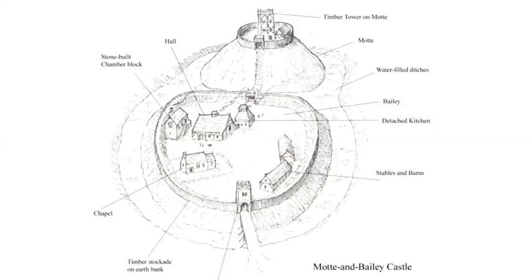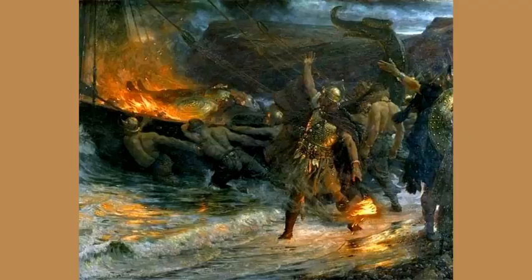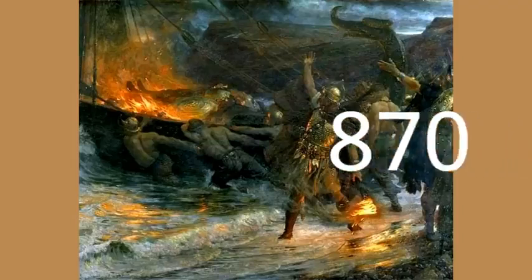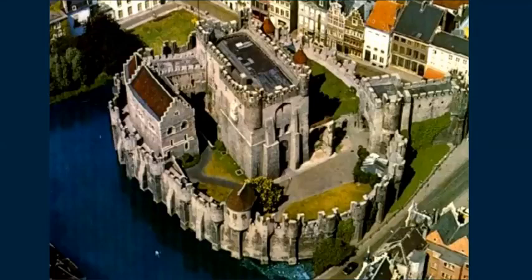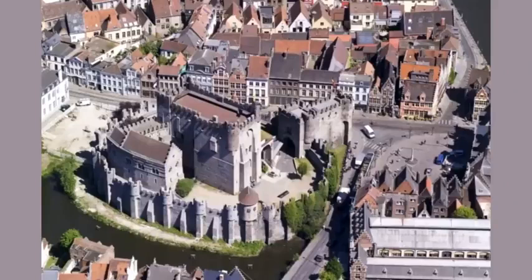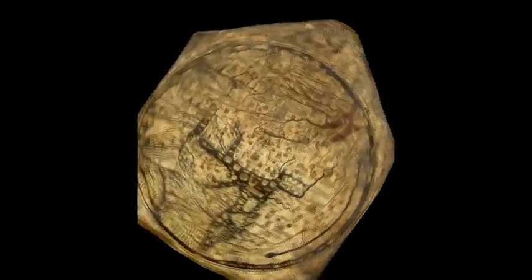Ghent was a fortification of the Scythians, plundered by the Vikings around 870 and used as a base to plunder the rest of the territory. Here you see the castle built by the Vikings. So this city around the fortification was captured and renamed Ganda after a city on crater Earth.